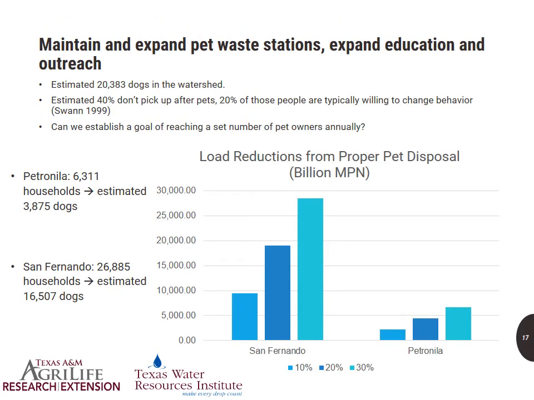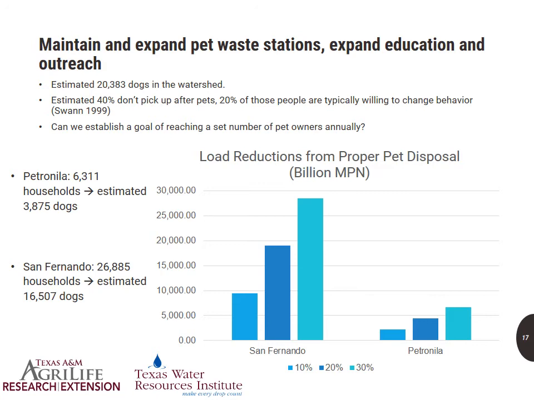For maintaining and expanding pet waste stations, we wanted to see what was already out there in our parks, in the communities, as well as the needs. So it's estimated that there's around 20,000 dogs in the watershed.